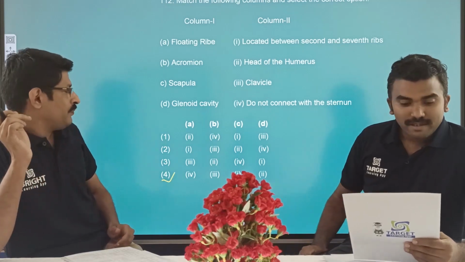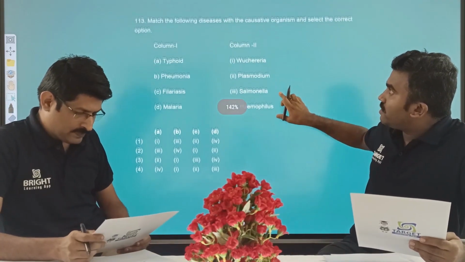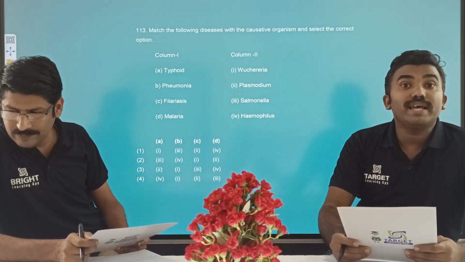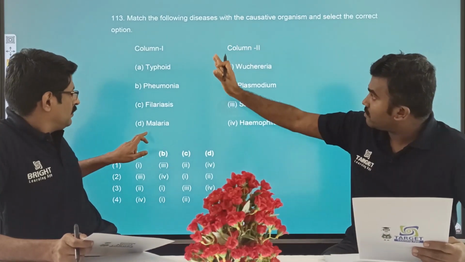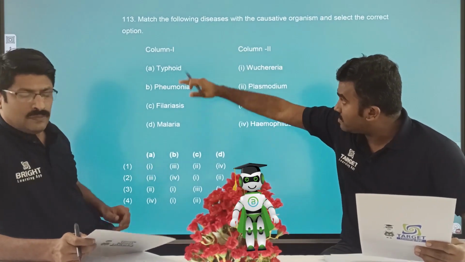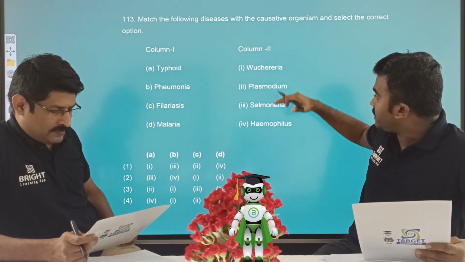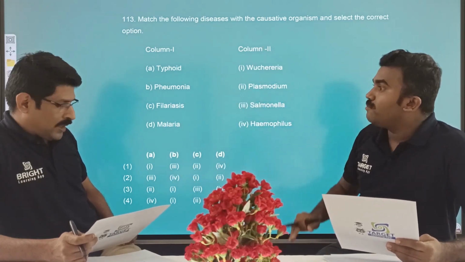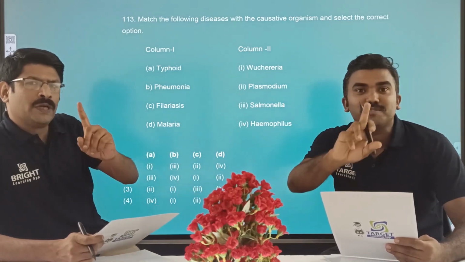Let us see the next question. A similar type of match the following question came from the chapter human health and disease. In column 1 there are the diseases of humans, and in column 2 the causative organisms. Typhoid is caused by Salmonella typhi. So in the options we can see A3, and only one option has A3.